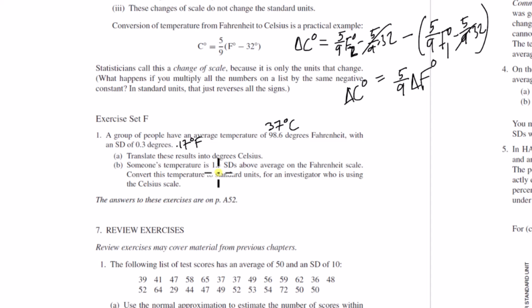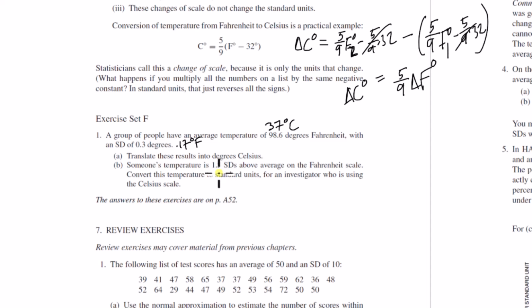Someone's temperature is 1.5 standard deviations above average on the Fahrenheit scale. Convert this temperature to standard units for an investigator who is using the Celsius scale. Okay, now you might be tempted to say, all right, we're going to multiply this by 5/9, but remember, it's not the actual standard deviation. This is standard units. It's how many standard deviations.